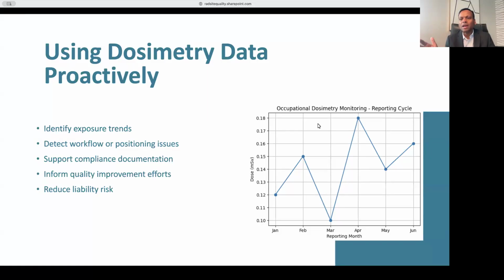And then there will be another one, level 2, where when employees cross a certain level, they have a different follow-up procedure, asking the employee to bring back to the radiation safety committee all the radiation safety behaviors they have been following. And if there is any gap in their learning, that is when we talk about whether we need to give them a refresher training or education, radiation safety training. So we use those kinds of things, and it's an important agenda item in the radiation safety committee meetings.